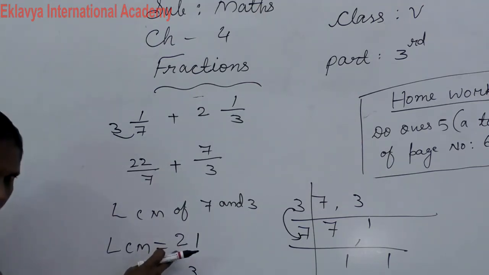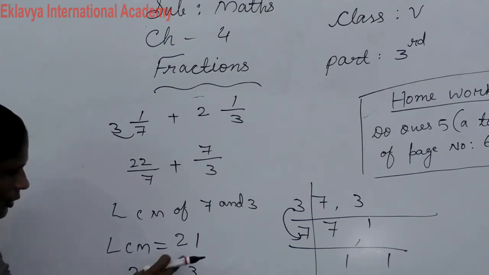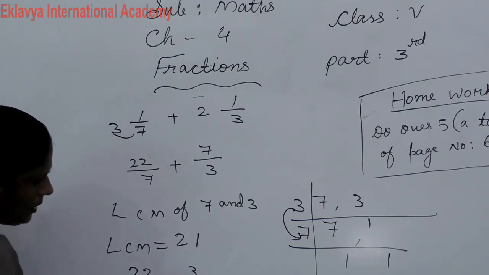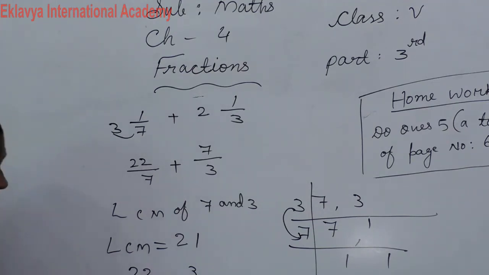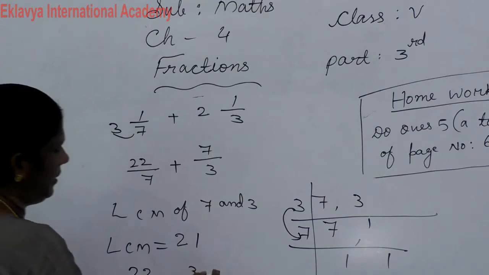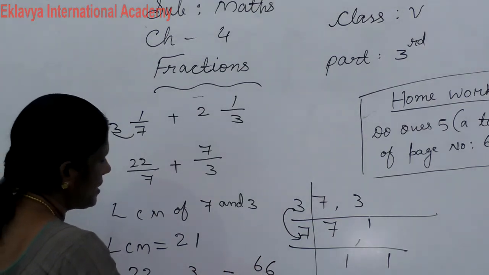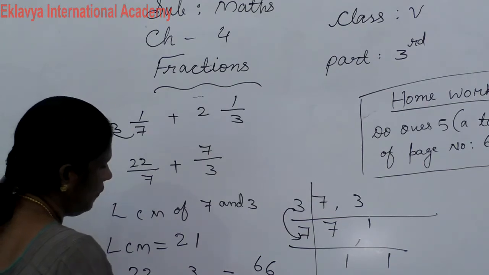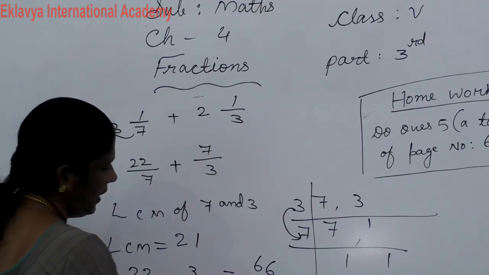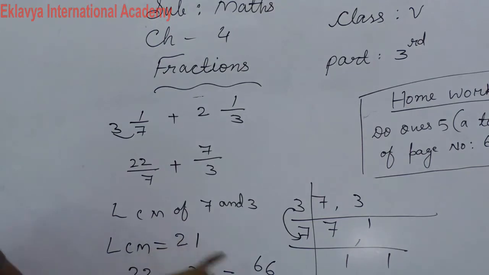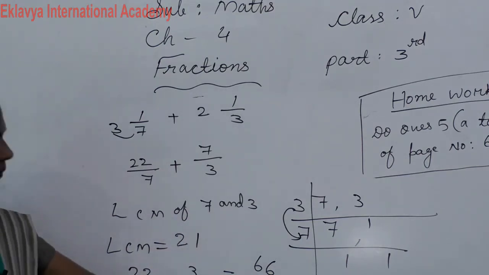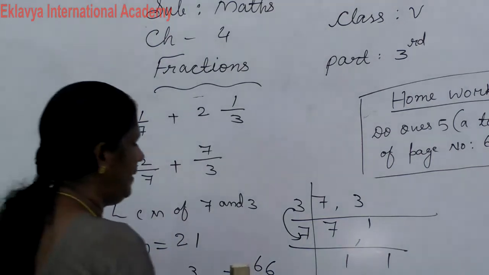LCM divided by 3, 21 divided by 3, how many times? 7 times. We multiply numerator and denominator. Then 66 upon 21, here also 49 upon 21. LCM is the denominator of both numbers. Now we add.